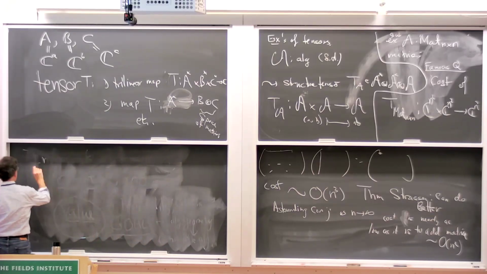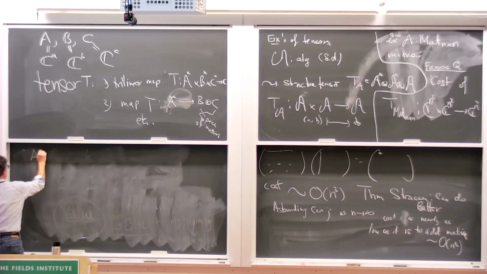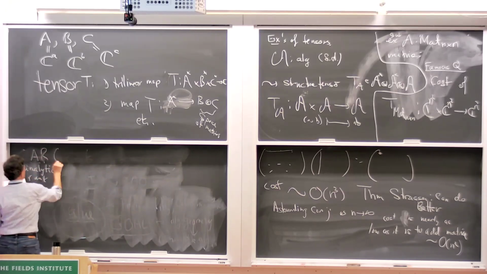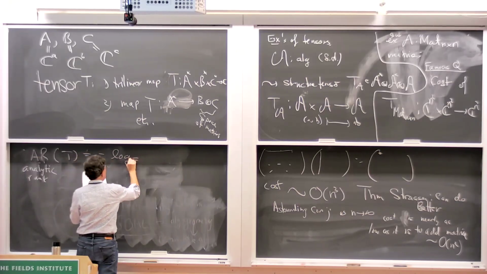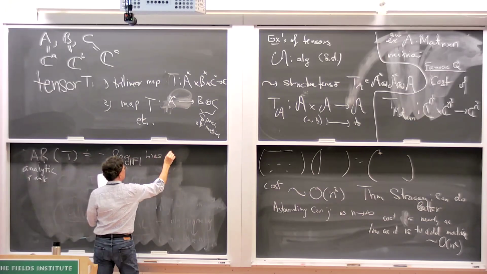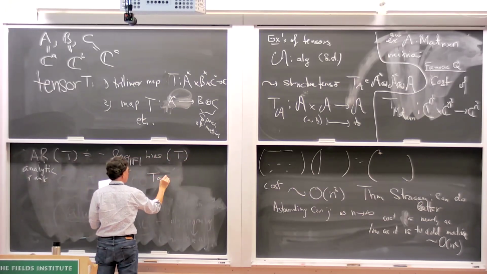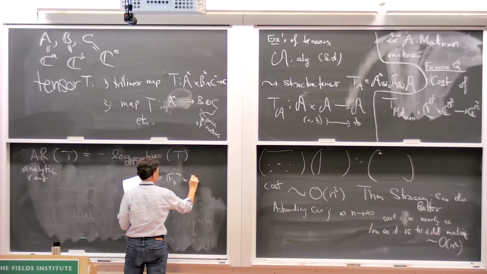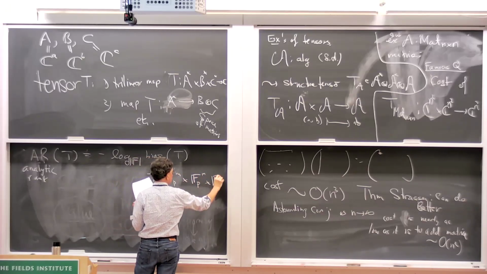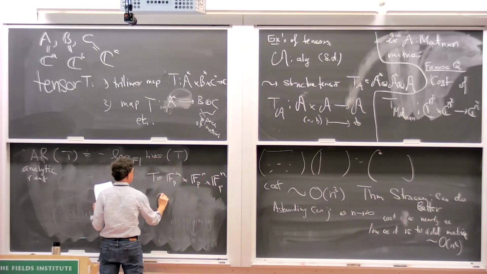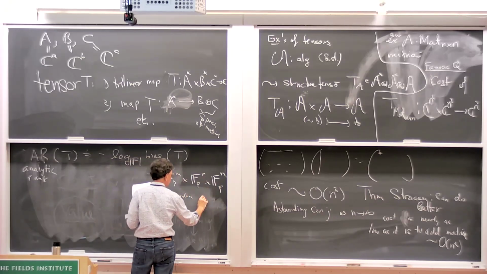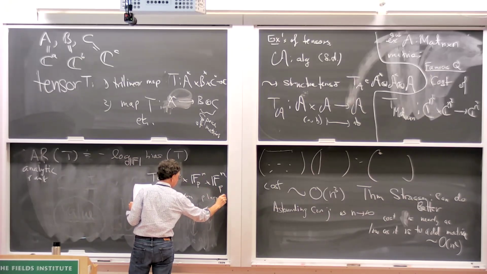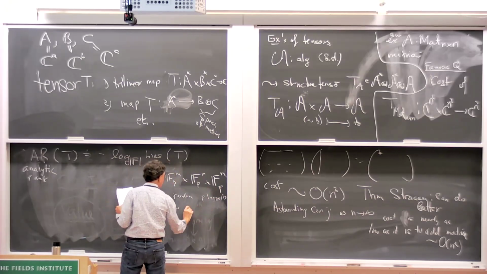Instead, define the analytic rank of T to be minus log base p of the bias of T. So if T is in F_p^m cross F_p^m cross F_p^m and random, and I think p large maybe, I'm not sure about that, this will be around m.